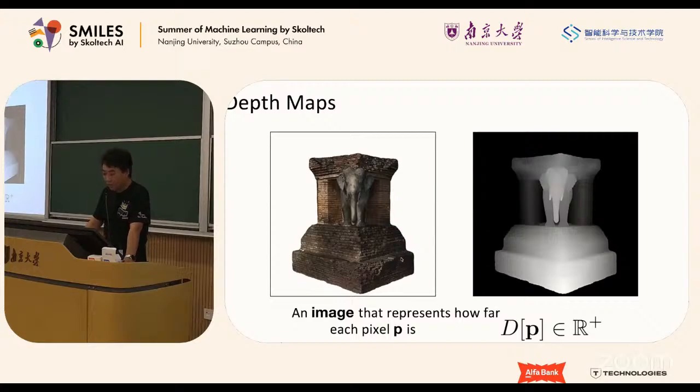The depth map is an image that represents how far each pixel is. So usually we can use a one-dimensional image to store the depth values. In that case, the bright ones mean that the pixel is much nearer to the camera.